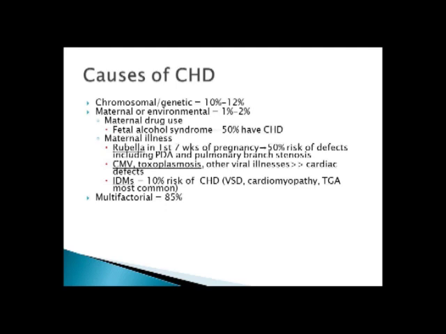So some of the maternal risk factors, if you have a mother that has had drug use, you can see that with fetal alcohol syndrome, they've drunk during their pregnancy. 50% of those children have congenital heart defects, so that's very significant.